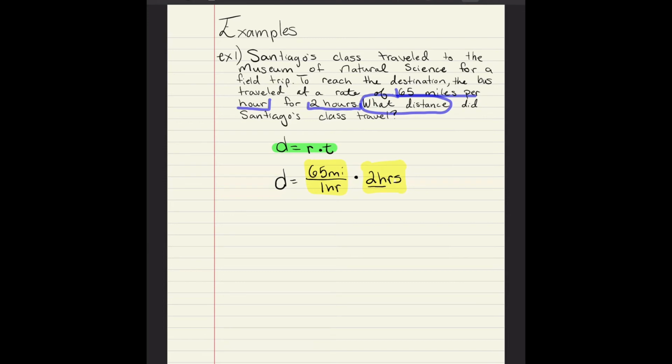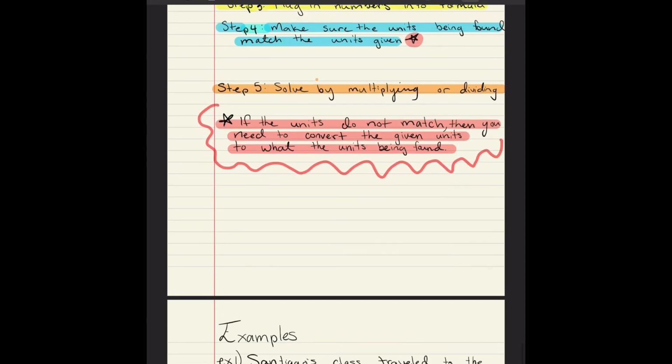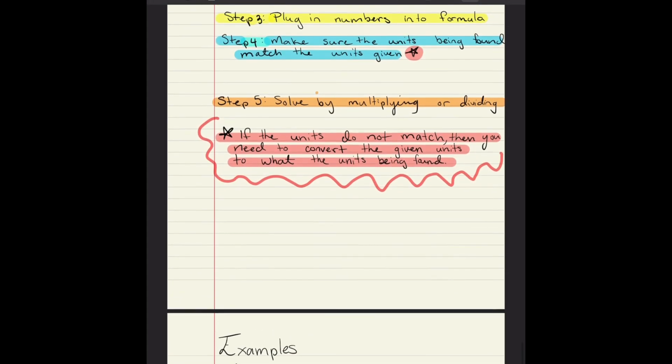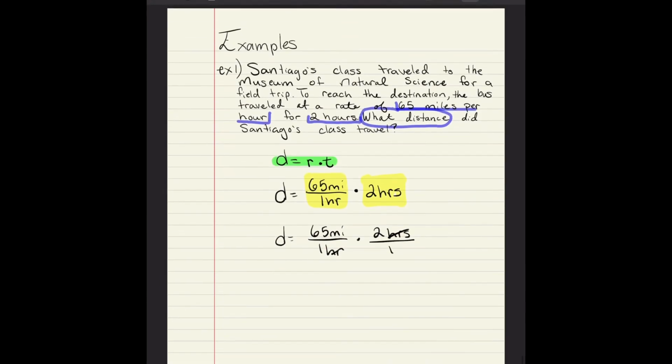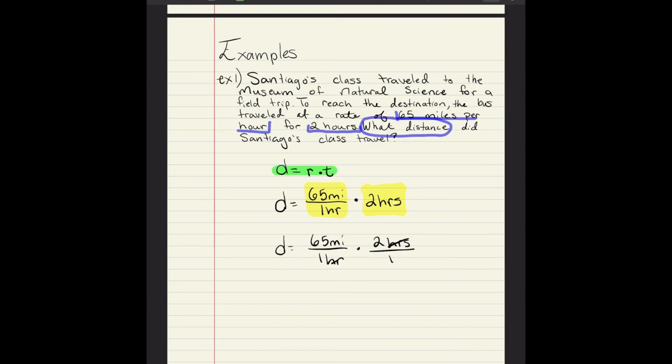And all we have to do is make our invisible 1. Let me rewrite this. So we have 2 hours over 1. It's our invisible 1. We cross off our hours. Now we have the same units, right? So step 4 is to make sure the units being found match the units given, which now they do.